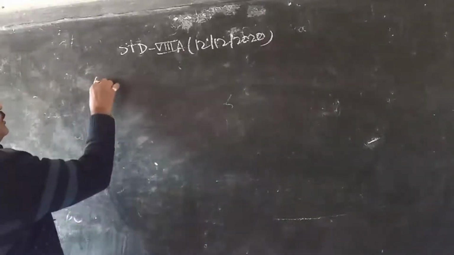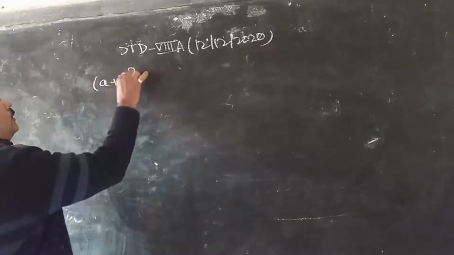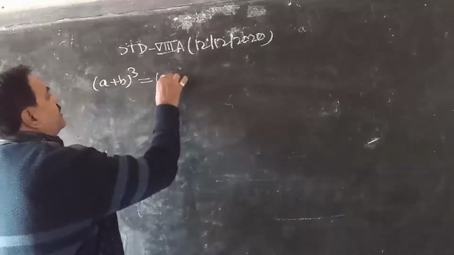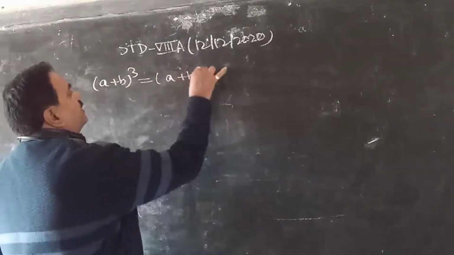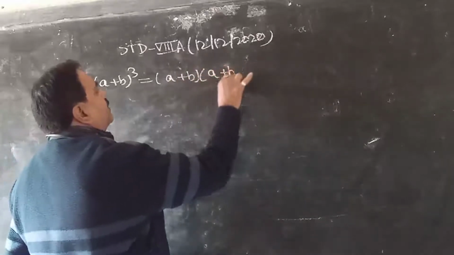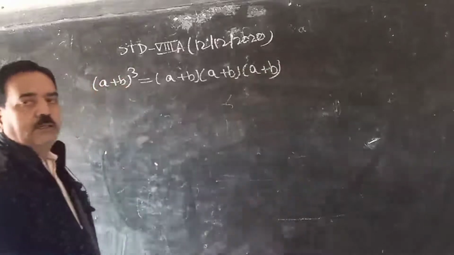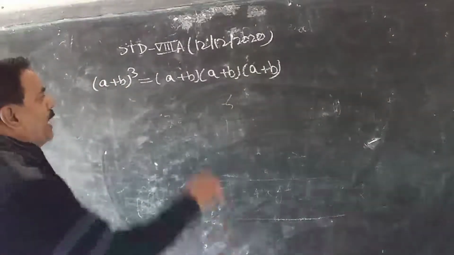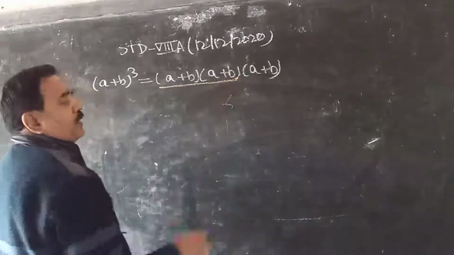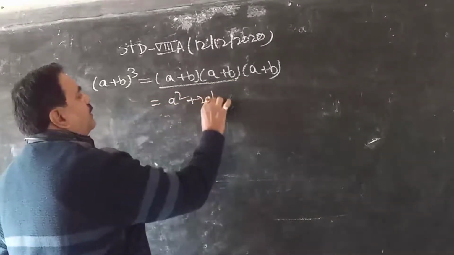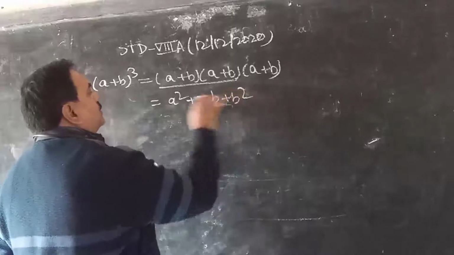(a + b) whole cube. The meaning of (a + b) whole cube is: a plus b is written how many times? Three times. (a + b) into (a + b) into (a + b). When we multiply the first two (a + b) together, you will get the result a square plus 2ab plus b square.